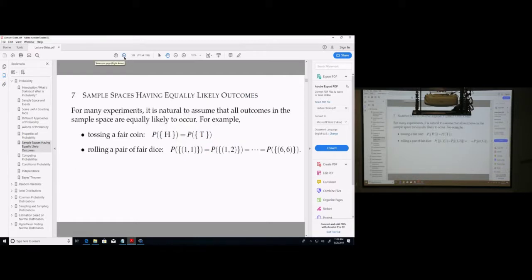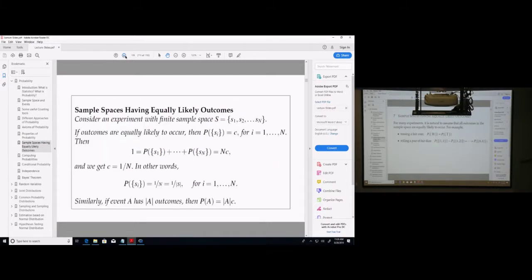Okay, sample spaces having equally likely outcomes. So basically we have some of this. There is nowadays a reverse way of asking.